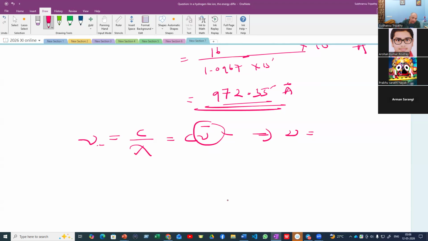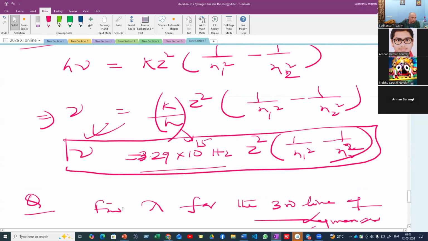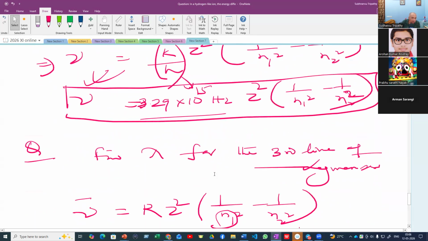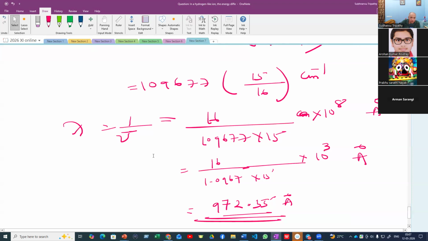I usually ask students to avoid this, because they may confuse the equation to be nu bar equals c nu, but actually nu is equal to c nu bar. If you are asked nu, you use this equation. If asked to find nu bar, it is already there in the Rydberg equation directly. If you are asked lambda, you make a reciprocal of nu bar so that you get lambda.